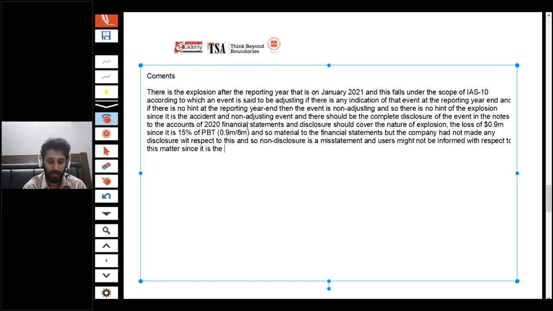since it is the significant matter because of the damage to the NCA and some inventory. There is the impact on the going concern as well.